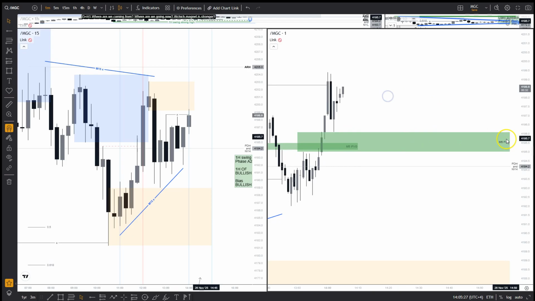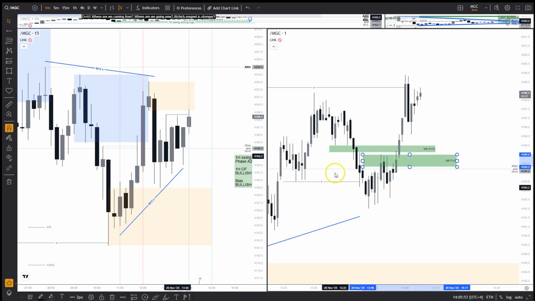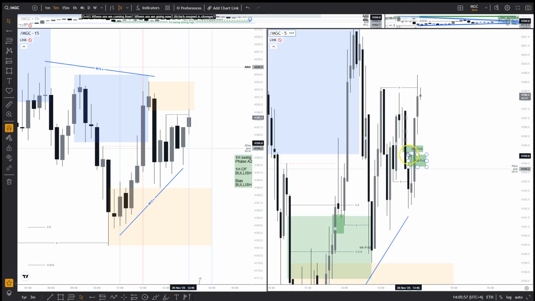So this is the M5 fair value gap, and this is the M5 inverted fair value gap. The fair value gap is here, and it's already mitigated the top of the M1 fair value gap. Okay, as you can see here, M1 is here, so it's already mitigated. But M5, where is M5? I need to come back to M5. Yeah, this is M5.